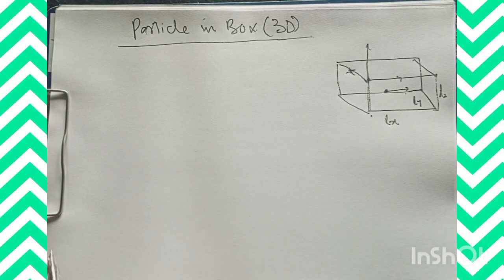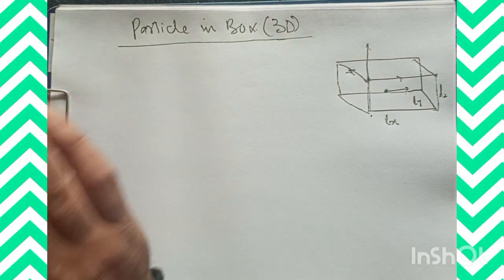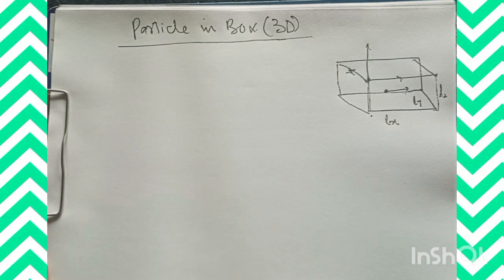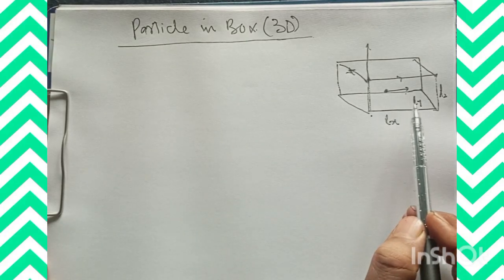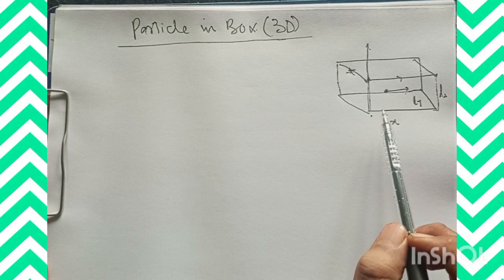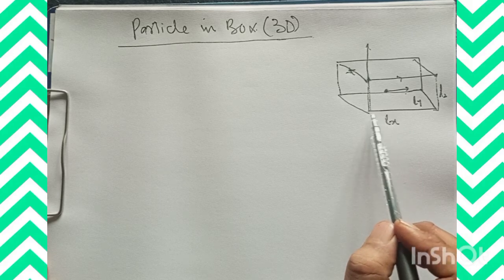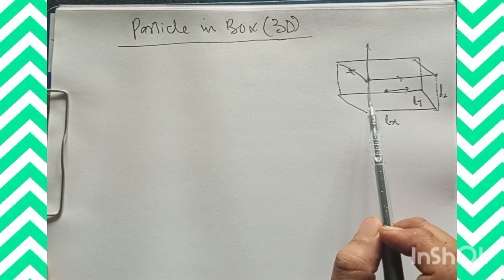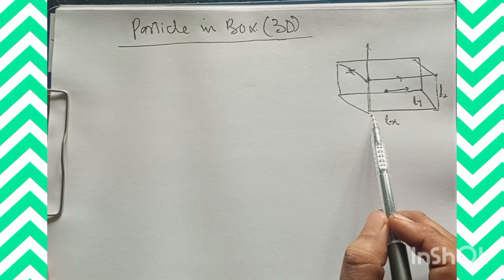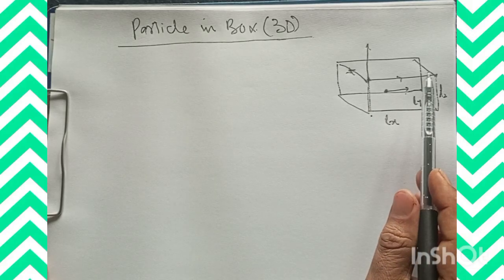So if I have to translate this problem, what I am doing here is that I have a particle. This particle can be a gas molecule, an atom. So I'm assuming a particle here, and this particle is confined to this rectangular potential box, with the edges parallel to the x-axis, y-axis and z-axis, and the lengths I have taken as Lx, Ly, and Lz.